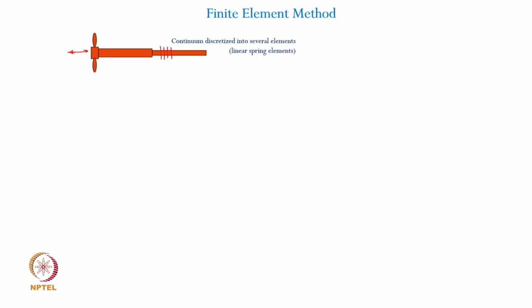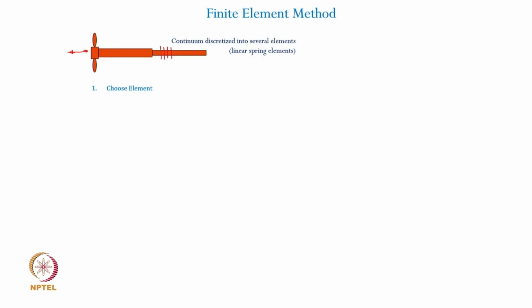So, we discretize this into several elements. Each element is called a finite element, and we assume in this particular case that each segment itself behaves like a linear spring element, quite similar to the Holzer method.